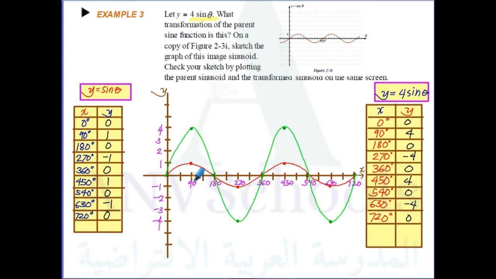So if this is 1, we count 4 times 1 is 4: 1, 2, 3, 4. So we replace the points only on those not in the x-intercepts, because we are stretching the graph.